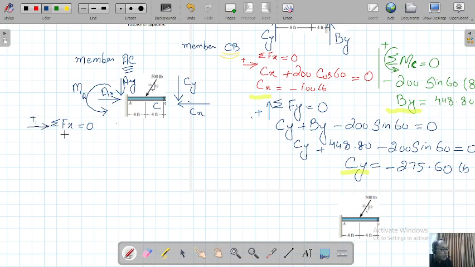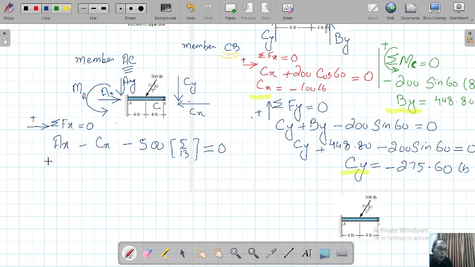So just apply it. We will have Ax minus Cx and minus, now the force is 500, and it is going to be 5 by 13, since it is the horizontal projection of the 500 pound force, is equal to 0.